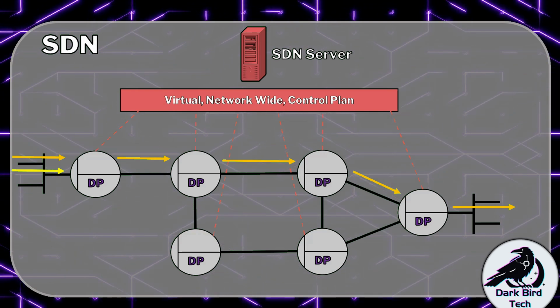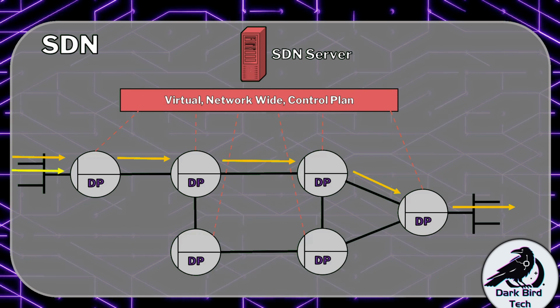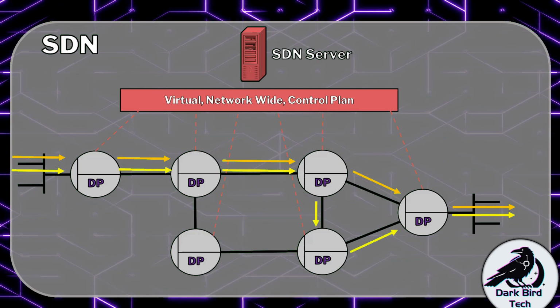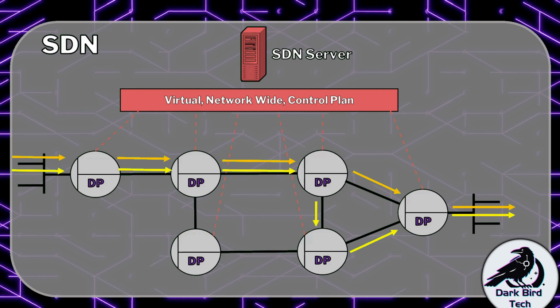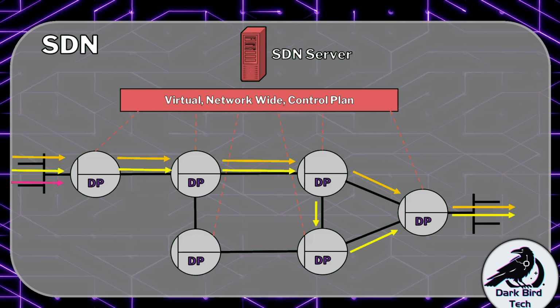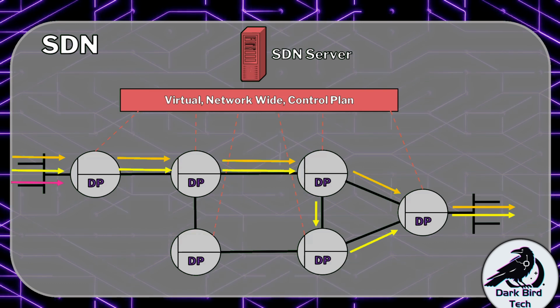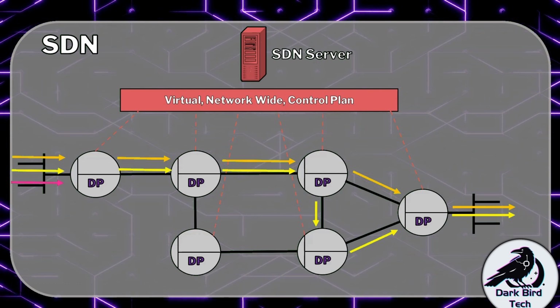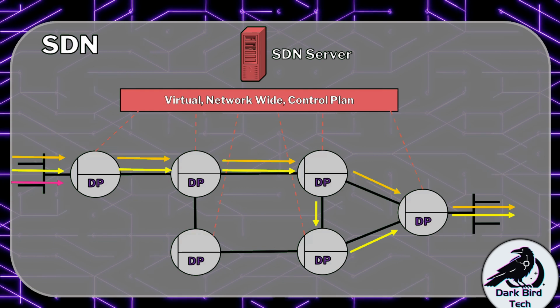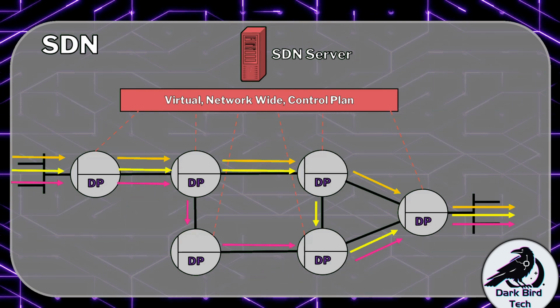And due to congestion or something like that, the SDN server might instruct that particular packet to use a different route through the network. And then when the third packet arrives for the same session, same again. That router can ask the SDN server, hey, how would you like me to forward this? And it can instruct these routers to forward the traffic along a completely different pathway. So that's pretty awesome.